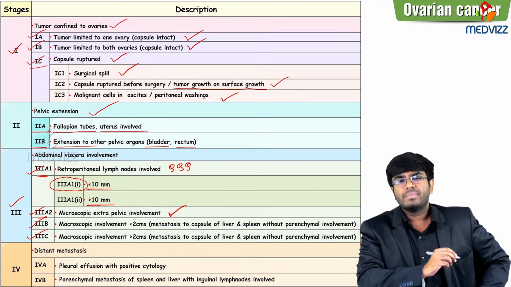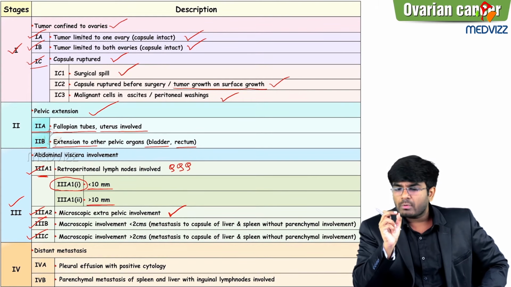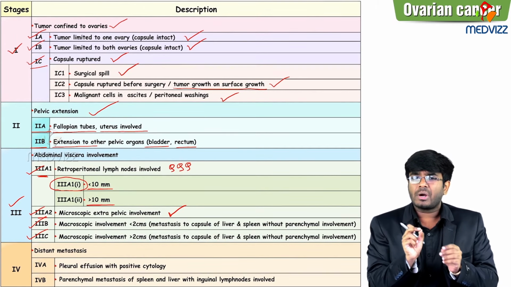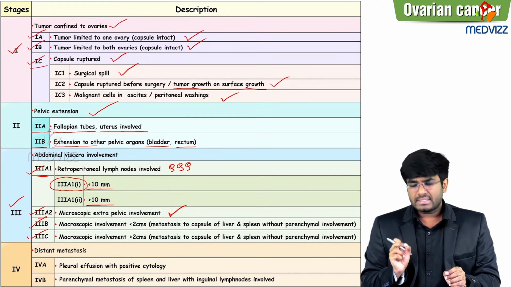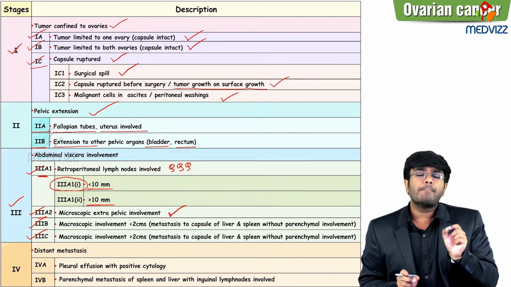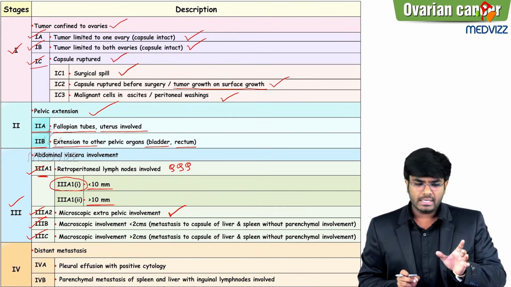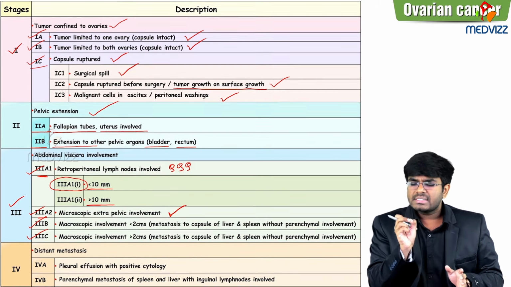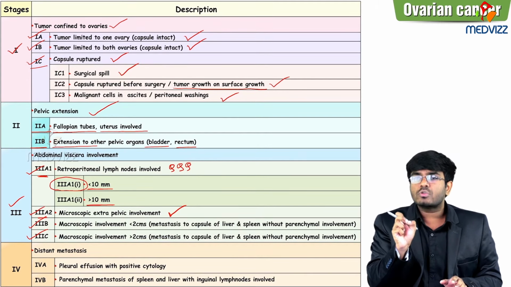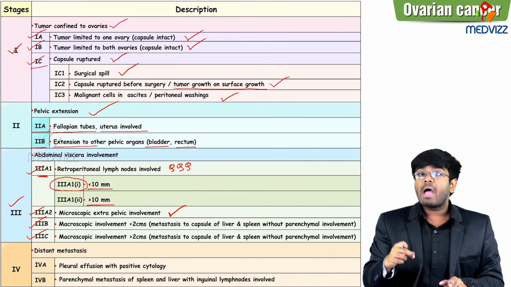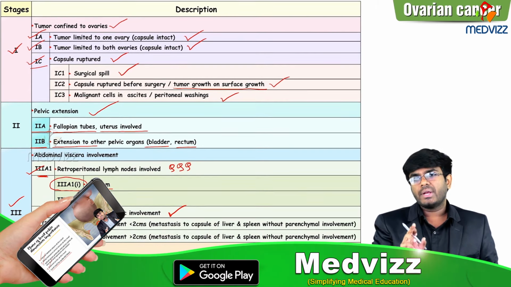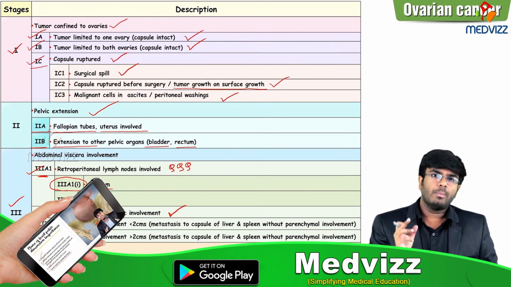What does that mean? See, microscopic cancer: you have taken biopsies from the peritoneum, from the omentum, from some part of the liver. Now, what is coming is that there is a microscopic cancer present. You can't see it grossly, but there are microscopic cells. These microscopic tumor cells have already metastasized into the peritoneum or into the omentum.